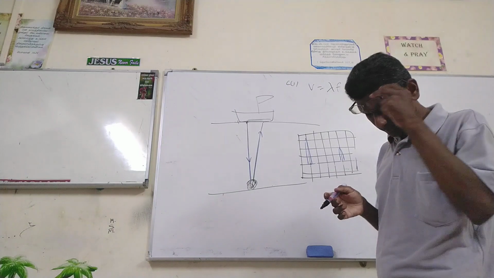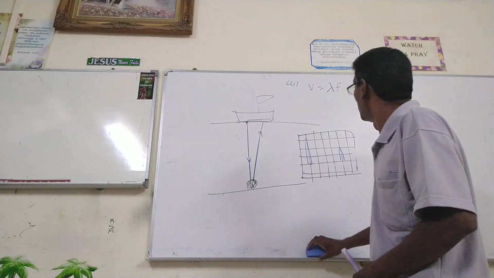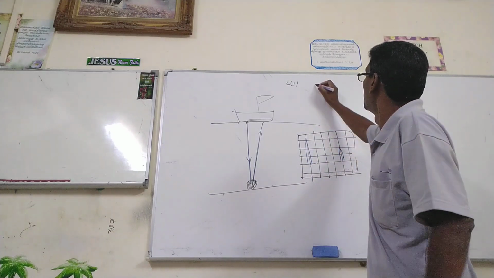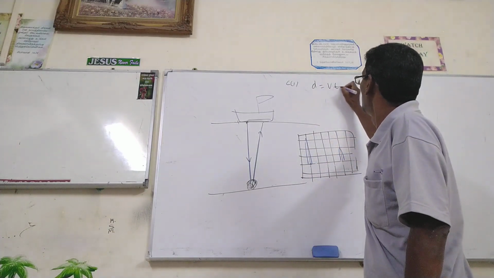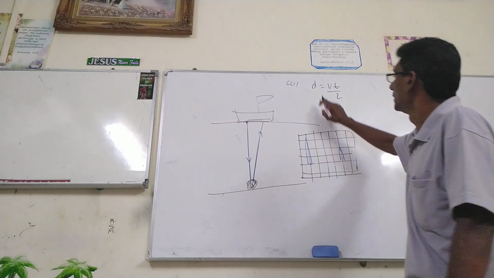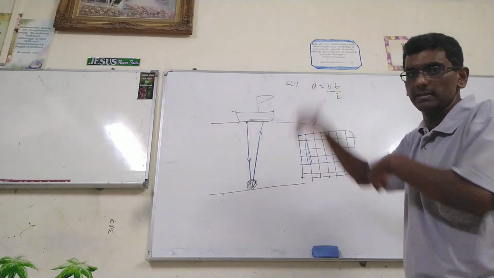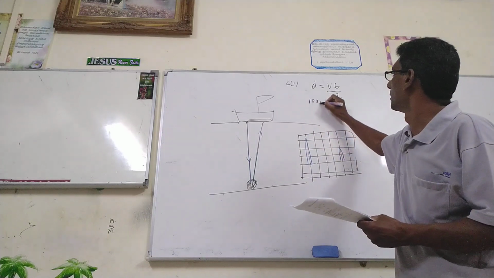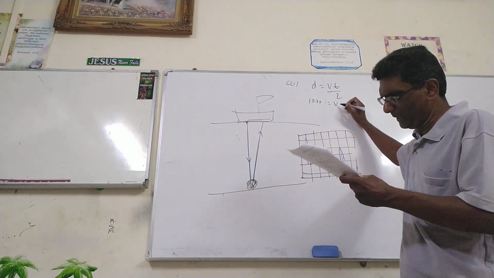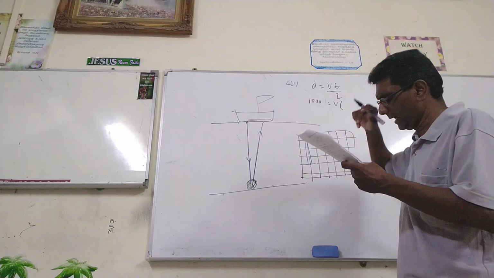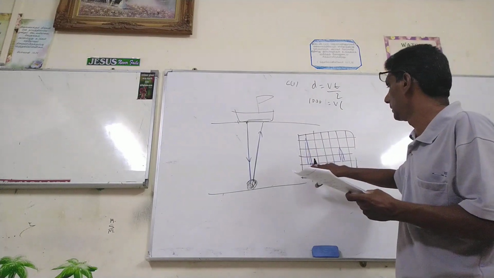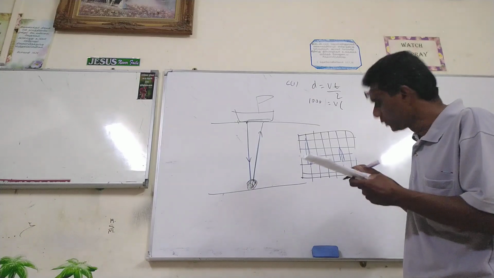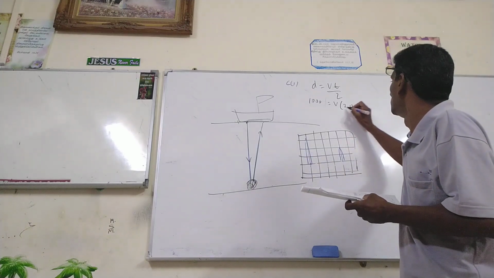So we cannot use V equals lambda F here. We must use the depth formula, V equals 2D over T. This formula must use D, the sea depth. The depth of the wreckage is 1000 meters. T is the time they receive the echo, meaning the reflected wave, 2.4 seconds.